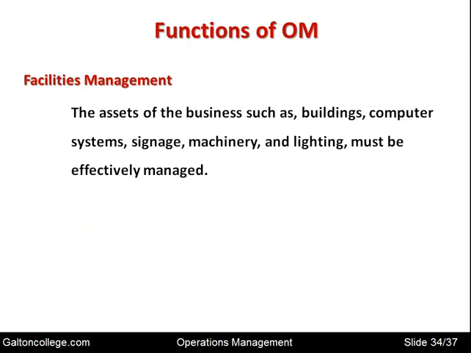Facilities management. Well, the assets of the business, such as buildings, computer systems, signage, the signs outside the business, the machinery, the lighting, they must all be effectively managed. There must be some control over the buildings and the maintenance of the buildings, the maintenance of the computer systems, and all of that must be looked after and must be dealt with efficiently.